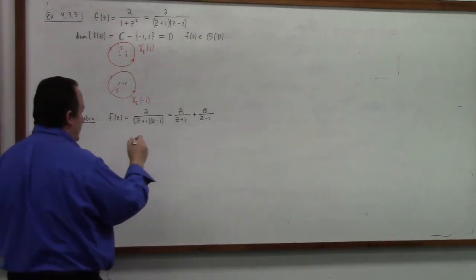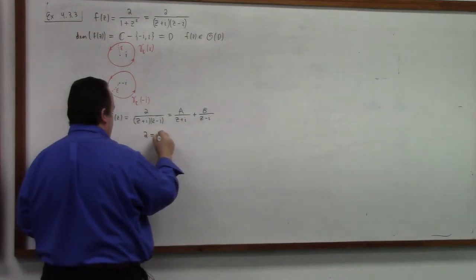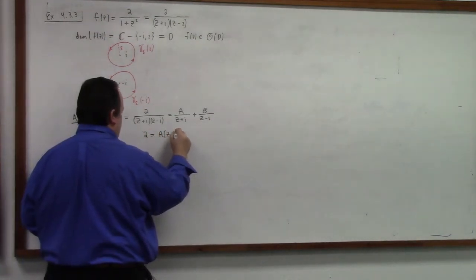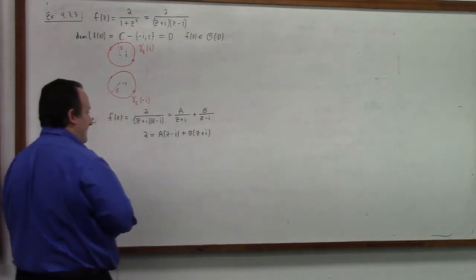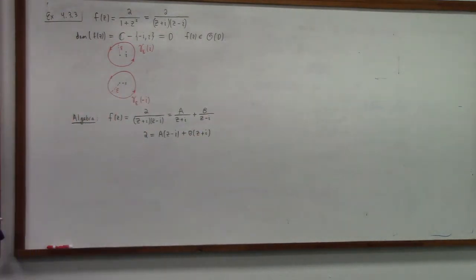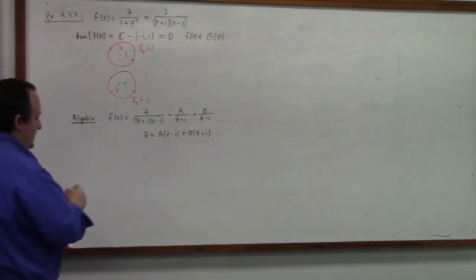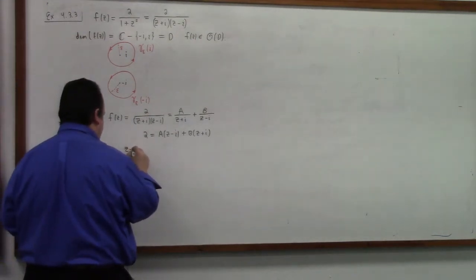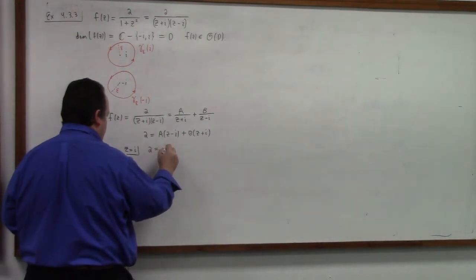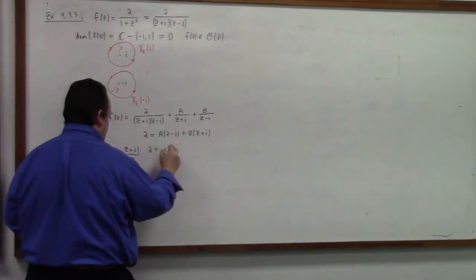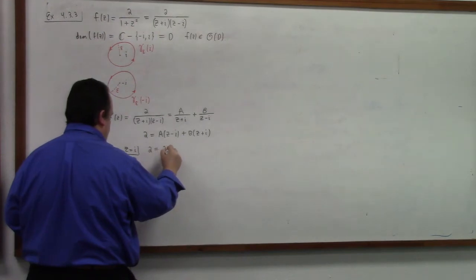We get 2 is a times z minus i plus b times z plus i. If you plug in i, you get 2 equals 2ib.